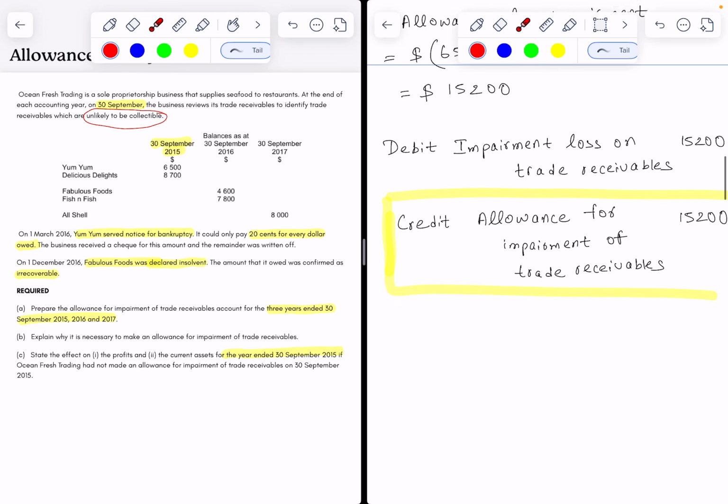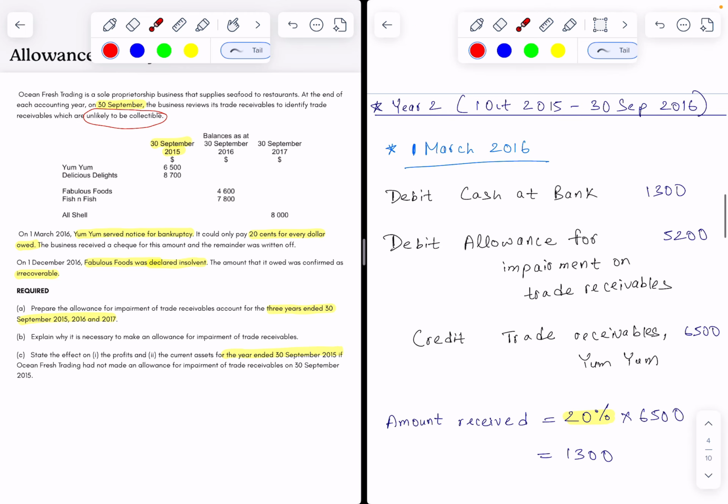Now, we know that one of the customers, Yum Yum, has confirmed that they're unable to pay 80% of what they originally owe us, right? We know 20% is what we have already received, but 80% is not to be recovered, and 80% of $6,500 is $5,200, which we cannot receive. So now we have to reduce that allowance account, where we have already stored the uncertainty with Yum Yum before. So we have to reduce that account by $5,200.